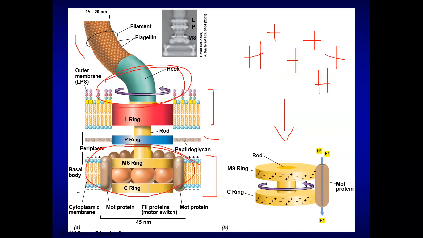And so they have also studied what it takes to build this thing. You can imagine that all these different proteins are different genes on the chromosome that have to get turned on. And then you get transcription, translation, build the protein, get it assembled.